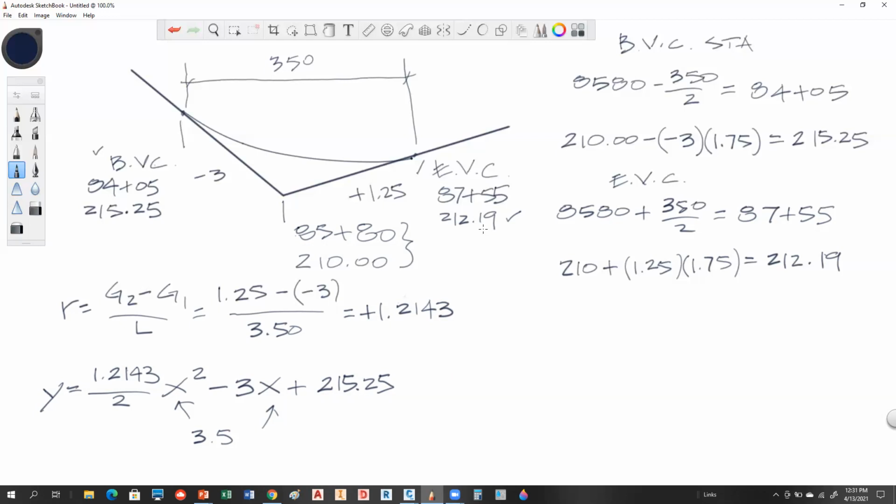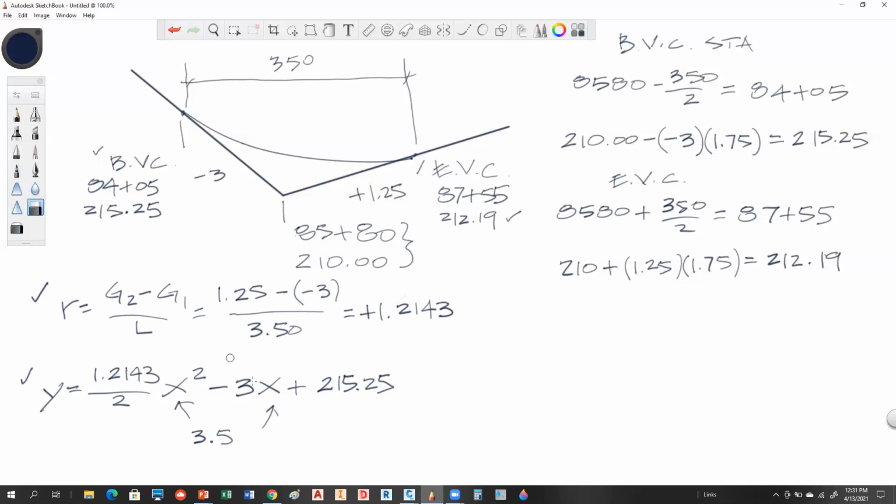When I plugged 3.5 into this equation and ran it through, I came up with 212.19. Anybody else get that number? Okay, so that's a check. We know that our equation's good. In order to do this, we would have had to calculate R and plug everything in, so we know that this is a good equation.